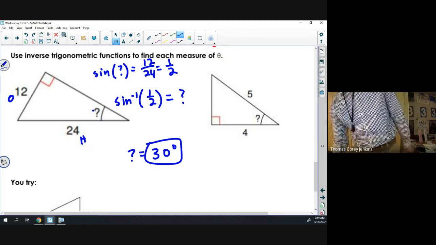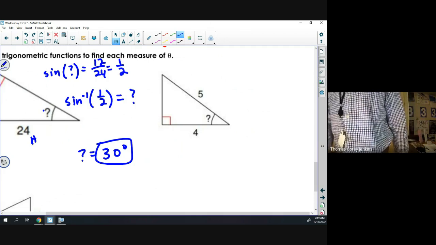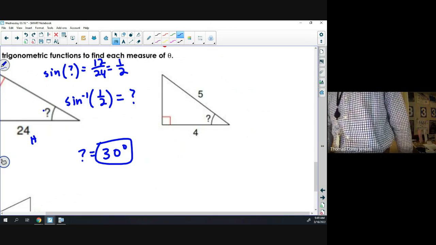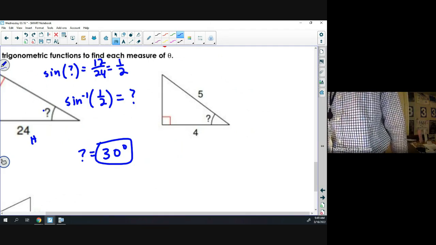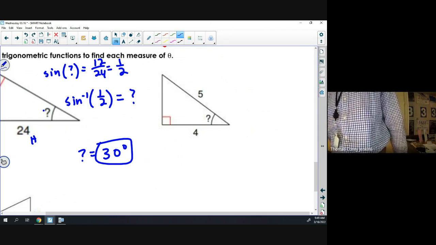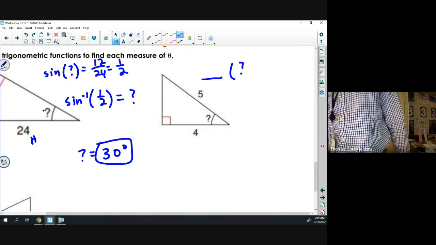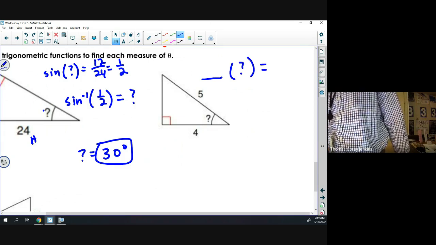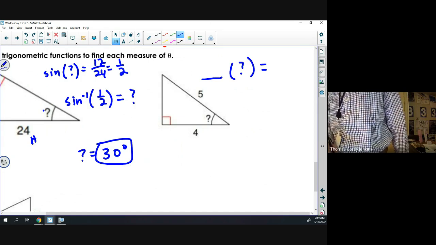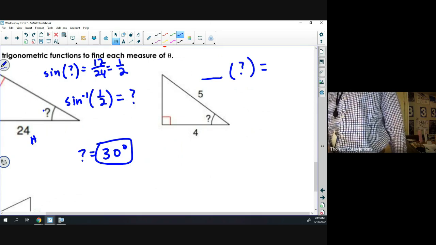All right, so we'll do one more together. Again, we could have used our unit circle for the last one, but calculator's just fine. So on our last one, we have blank of question mark equals. Anybody know what trig ratio I'm going to use here with what they give me?